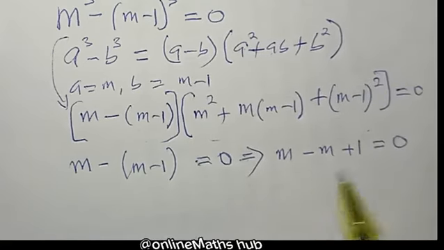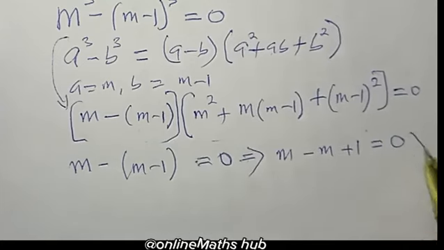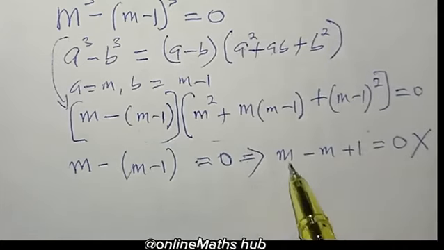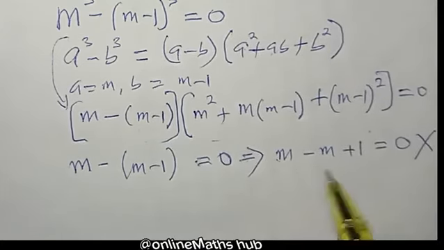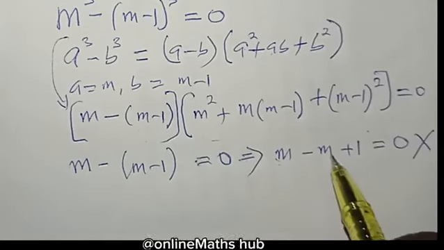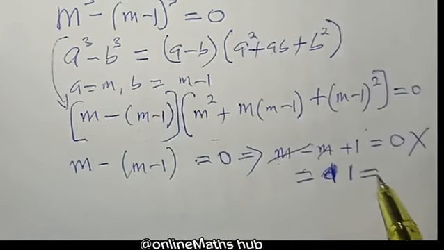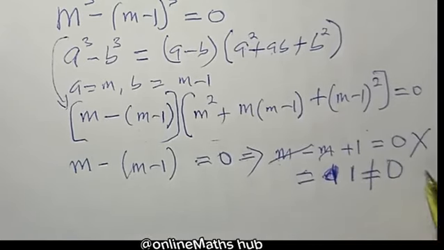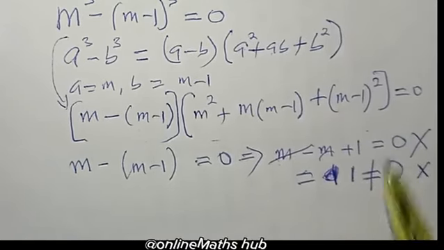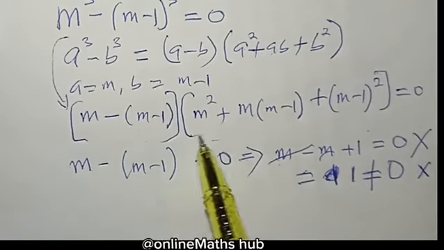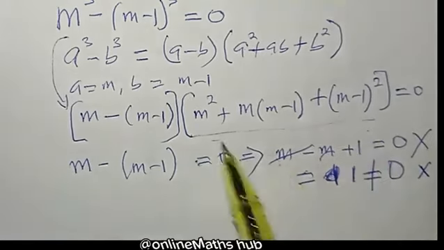Obviously you can see that this is not equal to 0. This is actually 1, because this minus this gives us 0, and so this whole thing now gives us 1. And of course you can see that this is not equal to 0, so we can pick a solution from here. We now come back to this for the second case.